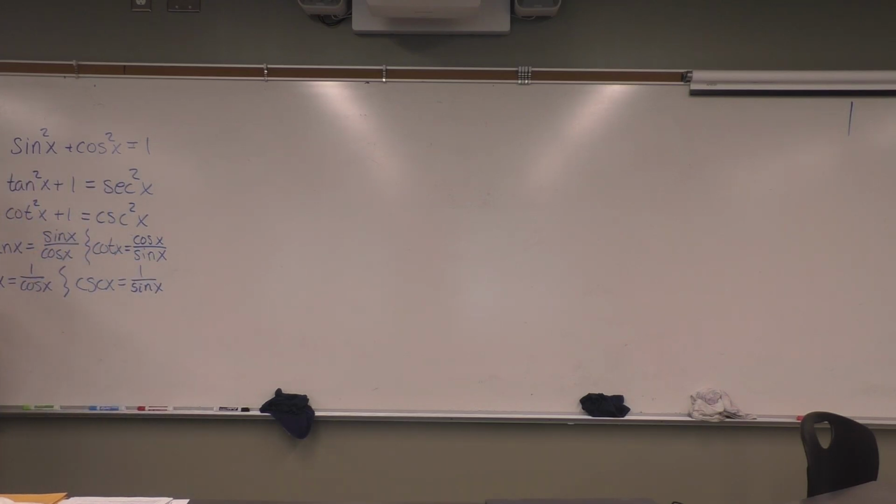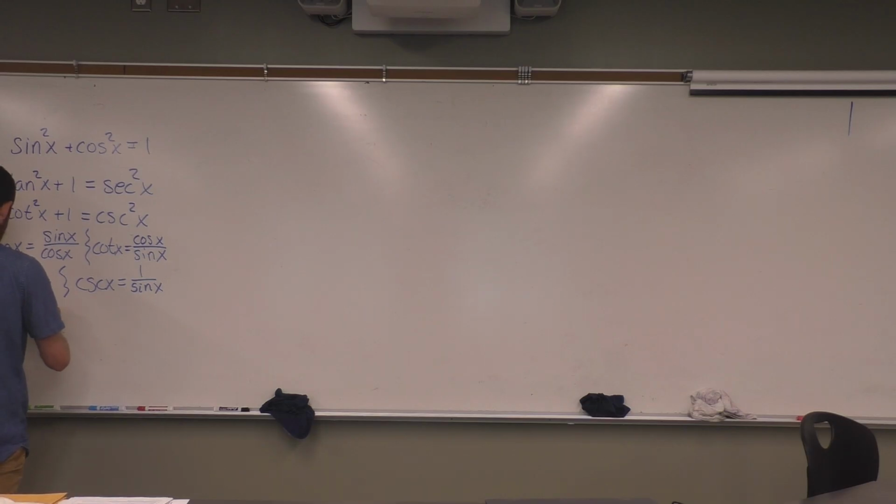And something I'm going to talk about in class later today, but before you've watched this video, and that is the even and odd identities. Sine is an odd function. I'm going to go into more detail today in class.